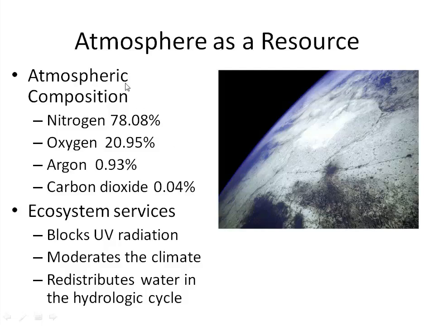The ecosystem services we get from this layer of atmosphere are that it blocks UV radiation coming to the earth's surface, keeps the climate in moderate conditions, and redistributes water in the hydrological cycle. So this indirect benefit we get from the standard normal atmospheric composition of these gases.